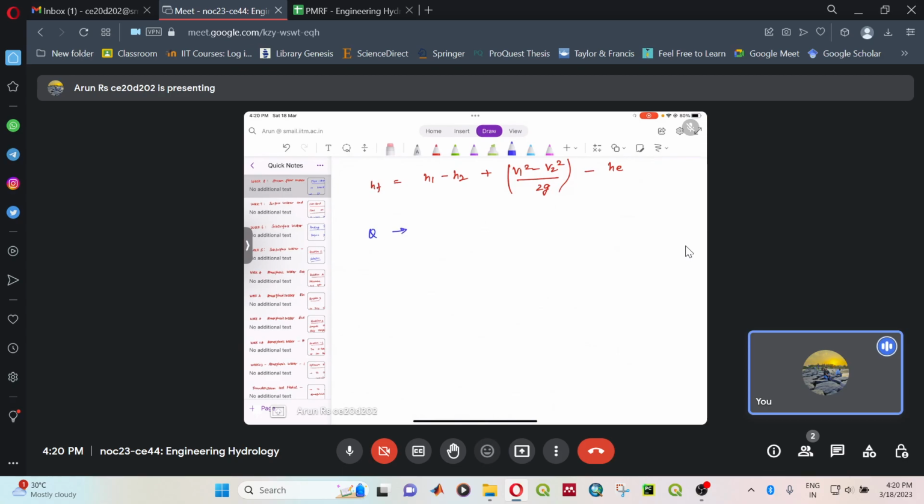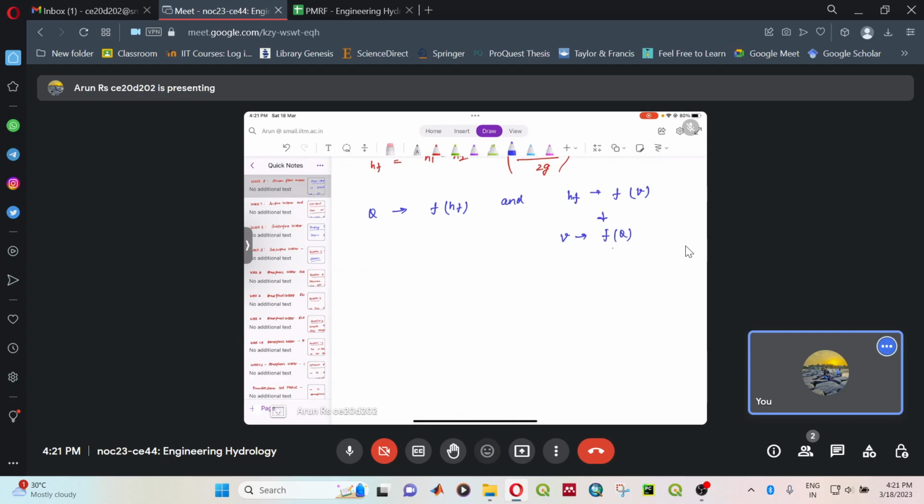So Q is a function of your head loss due to friction, and hf is a function of velocity, and we can write velocity as a function of discharge also. So it is a kind of an endless loop. So we cannot solve it directly. We need to use iteration.